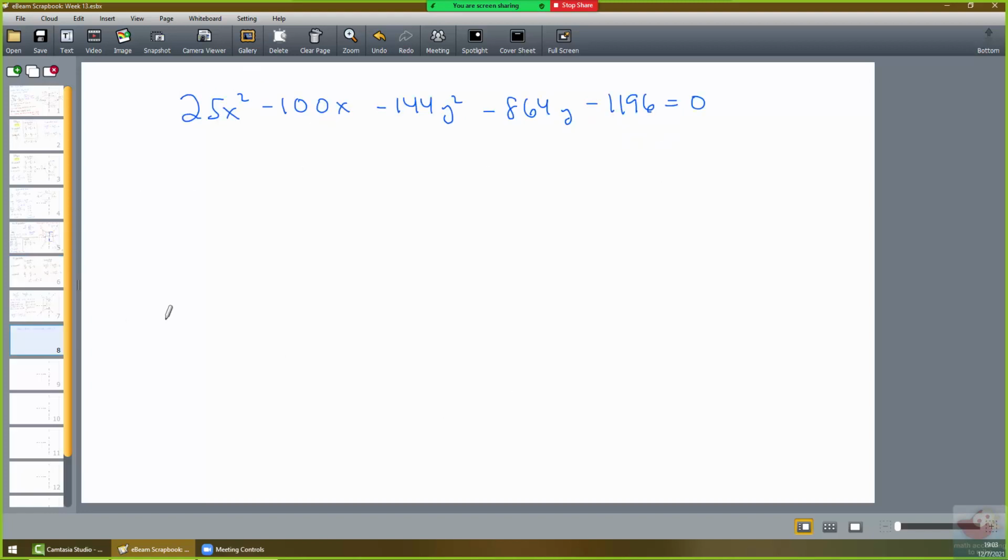So I just want to do this real quick, just refresh your memory of completing the square. To complete the square, two things have to happen. The variables have to be by themselves, and the leading coefficients have to be a 1. We have technically two leading coefficients because we have an x squared and a y squared. So what we'll first do is get the variables by themselves.